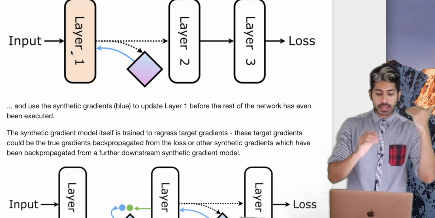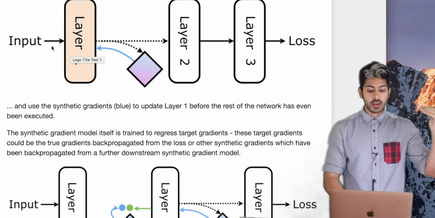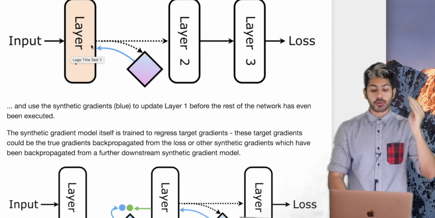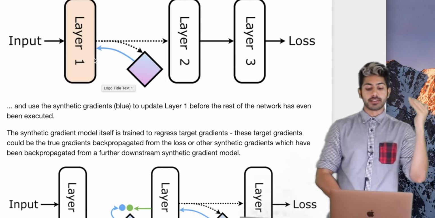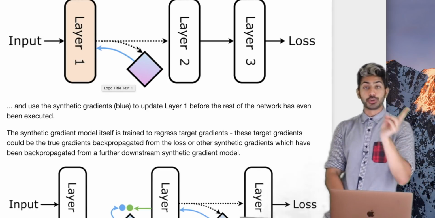So we have some input data. We apply it to the first layer. So input times weight, add a bias, activate, and then we send the output to the next layer.